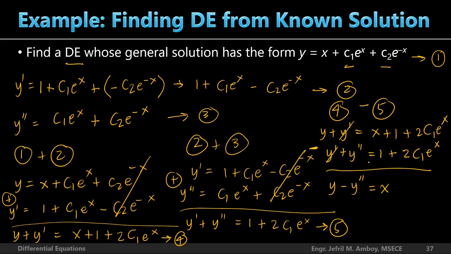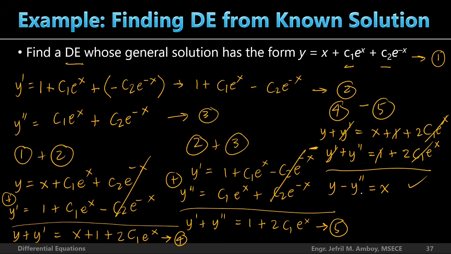And then 1 minus 1, these two terms will cancel. And then of course, 2c1 e to the x minus 2c1 e to the x, these two terms will cancel.